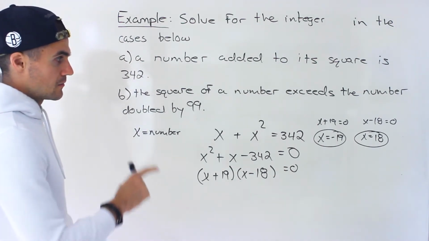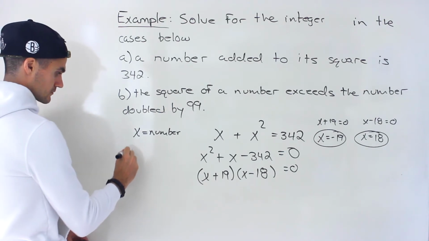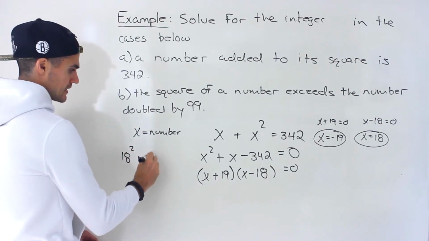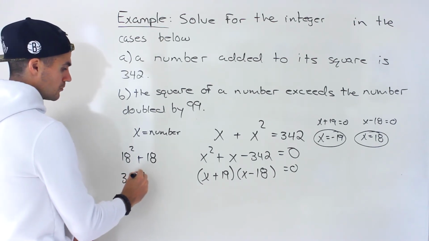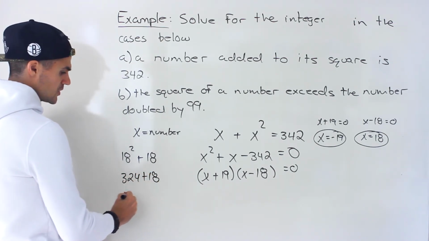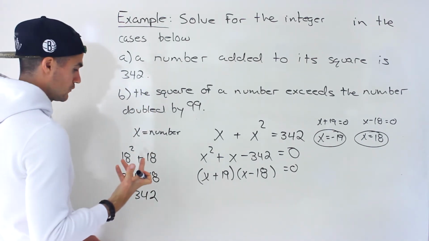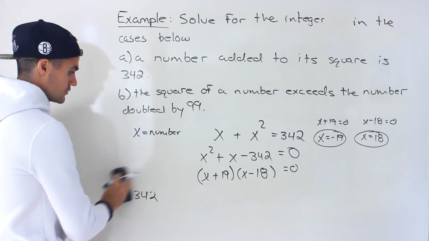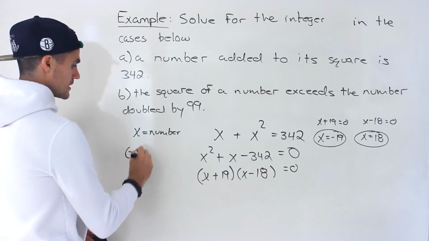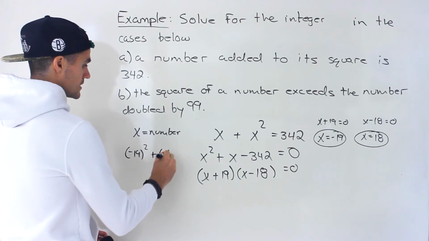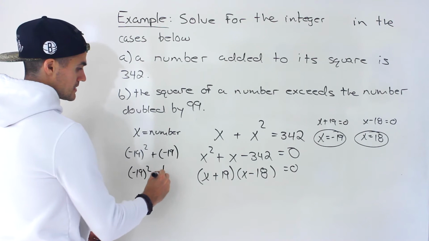Both of those would work in terms of the scenario. 18 squared plus 18 is 324 plus 18, which gives us the 342 that we were looking for. The other solution has negative 19 squared plus negative 19, which is negative 19 squared minus 19.